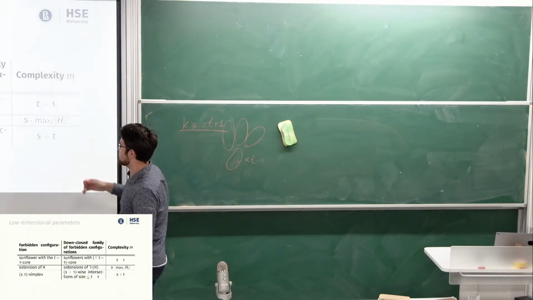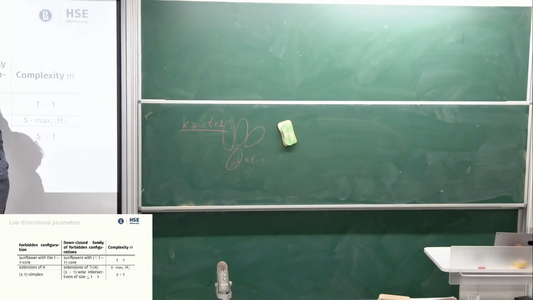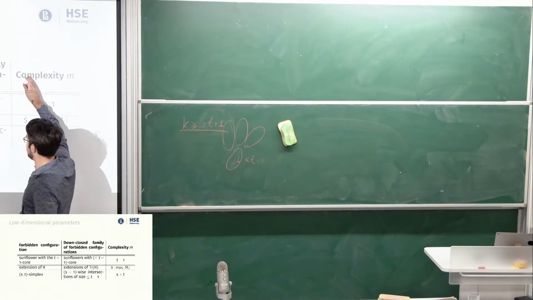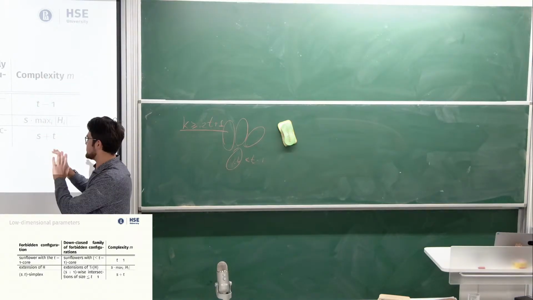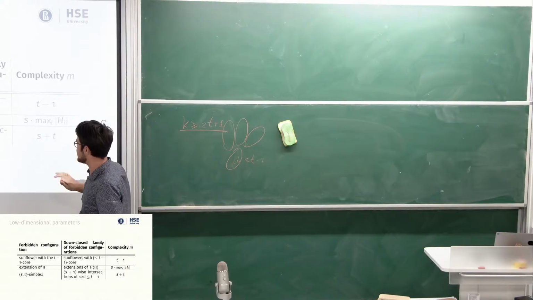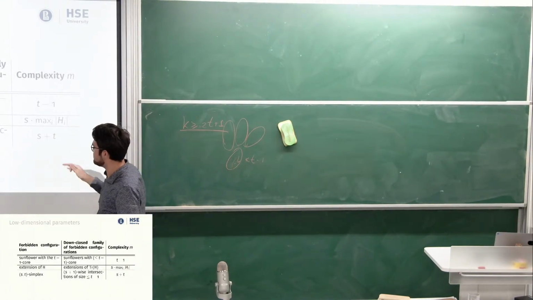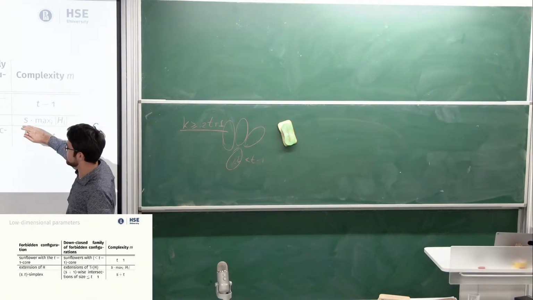So here is a table with down-closed families of forbidden configurations and the complexity to obtain them. I understand that the complexity term is still not strictly defined, but I hope this is okay.